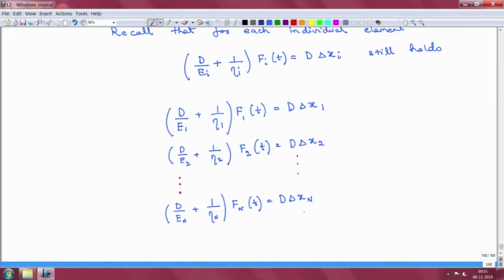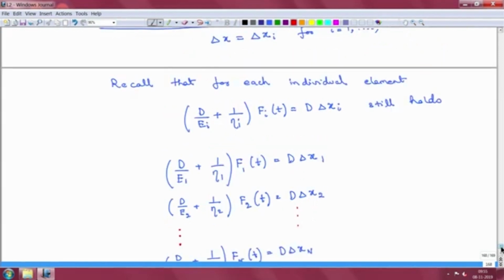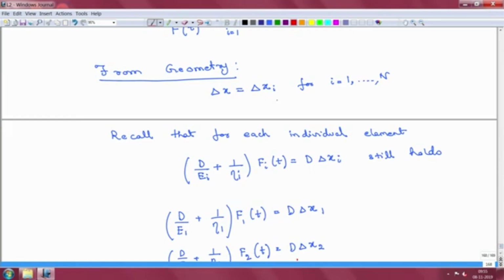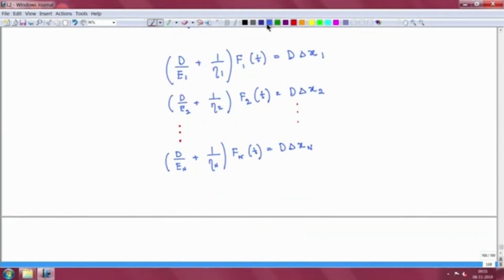Now, from the geometry constraint, we had said that the deformations are going to be the same in all cases. So, what we can do is we can just drop the subscript from all these different terms, right, because they are all the same. So, I am just going to go on and delete all the different subscripts. But for the force, the subscripts cannot be dropped, right.